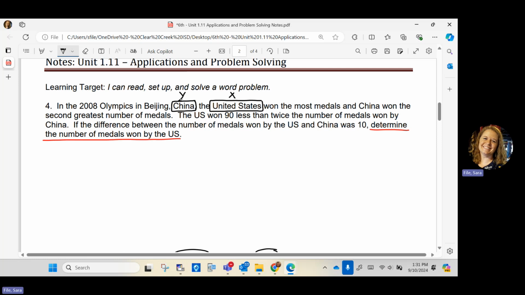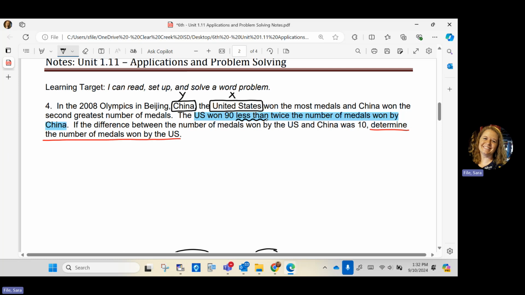Now, it says that the US won the most, China won the second most. That doesn't really matter. I can't write an equation with that. Now here, this next sentence, the US won 90 less than twice the number of medals won by China. Okay. Less than.